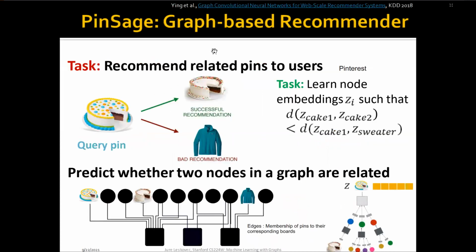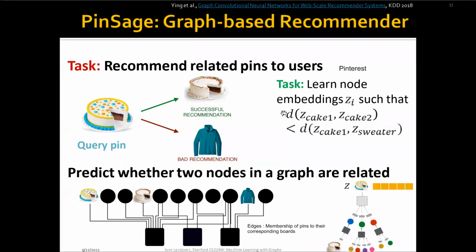There is a very popular paper, and I think this is the largest graph-based recommender that I've seen. It's from Pinterest, and this paper was published at KDD, the premier data science conference, in 2018. It's called Graph Convolutional Neural Networks for Web-Scale Recommender Systems.